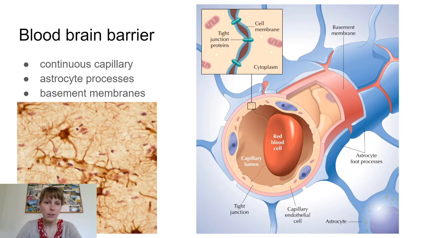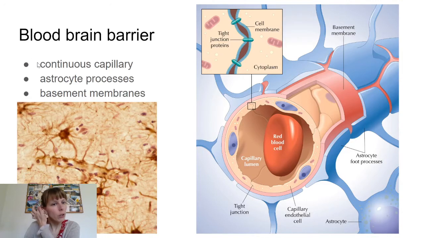So there are a lot of blood vessels, a lot of capillaries inside the brain and spinal cord. However, we need to be very, very restrictive about what comes into the brain tissue itself. So the capillaries need to be really tightly closed by tight junctions.